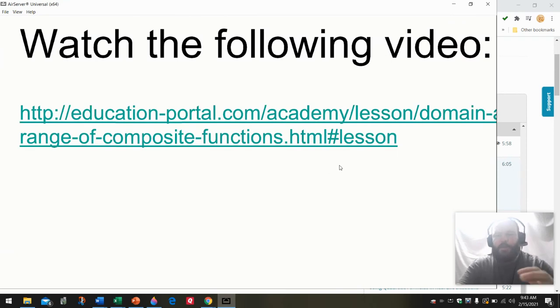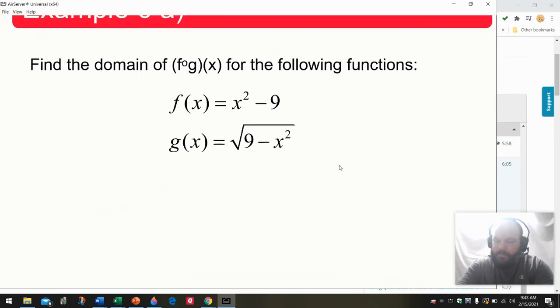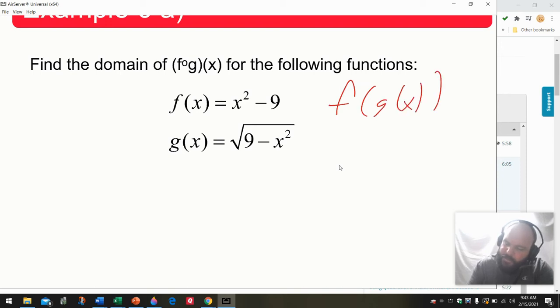Okay, so what I wanted you to get from that is to be able to visualize what composed functions are actually doing, because they are a little bit deceptive to understand. So when you have f of g of x, PEMDAS tells us you have to work inside the parentheses first. So you're going to evaluate g of x at a number. You're going to get an output for that number from g of x, and then the output of g of x becomes the input of f of x.